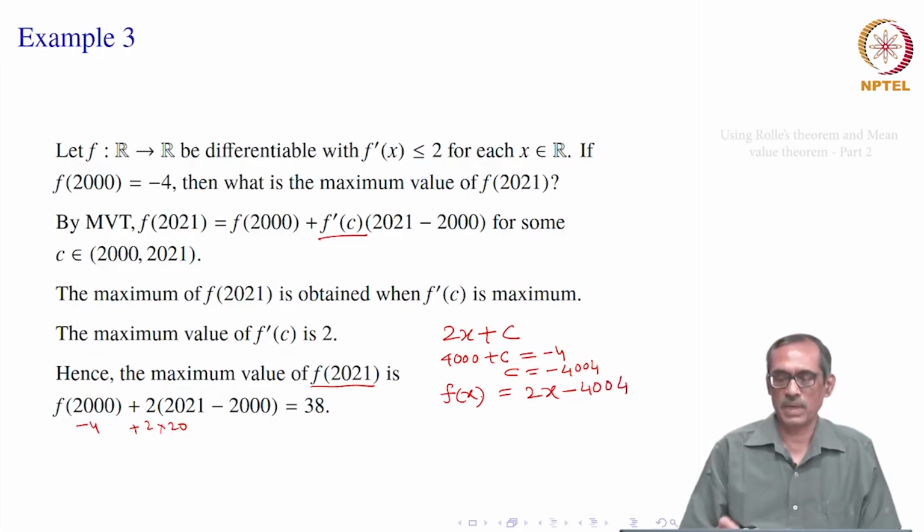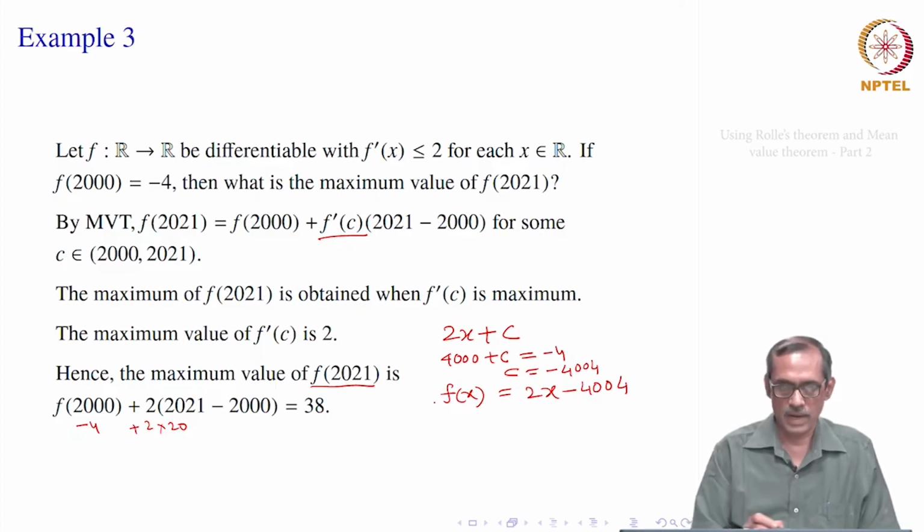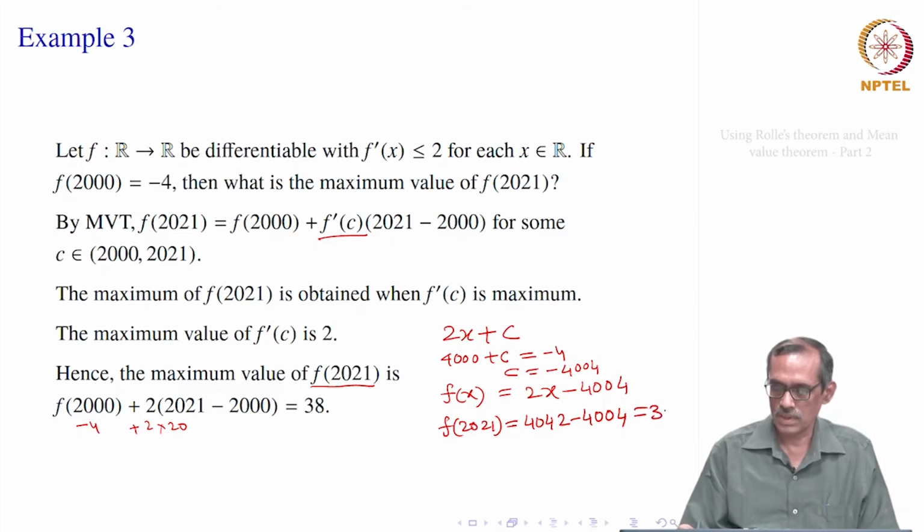Now, you see it satisfies all the conditions, that f prime x equal to 2, which is what we wanted in an example, and f at 2000 is minus 4. Now, if I take f of 2021, I would get 4042 minus 4004, which gives 38.